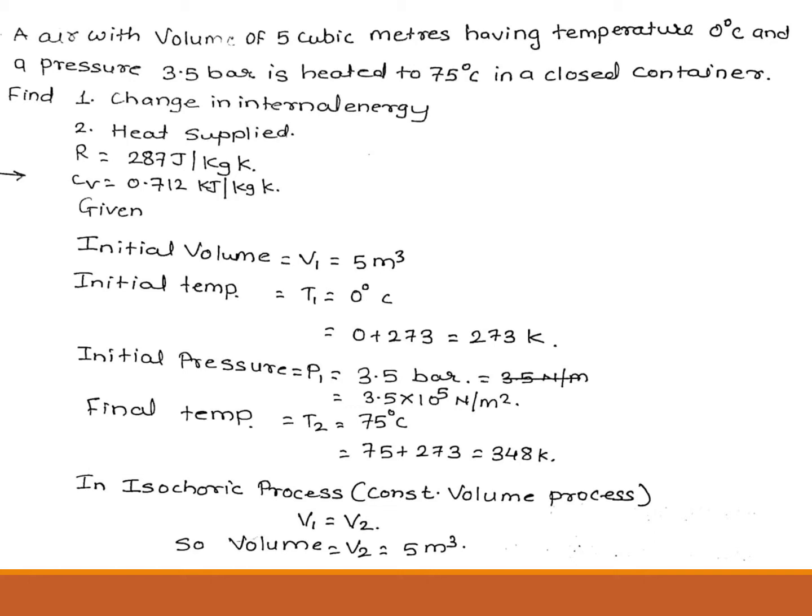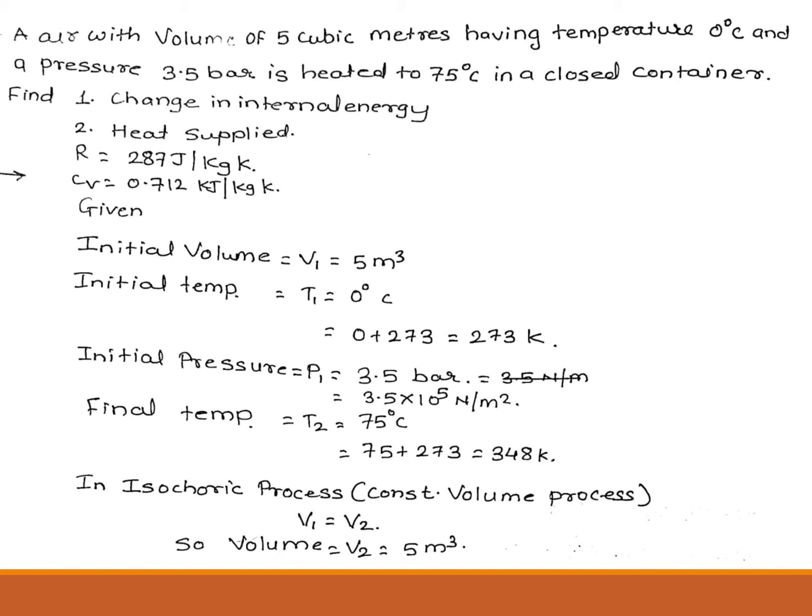Initial temperature 0 degrees Celsius is converted into Kelvin: 0 plus 273, so initial temperature is 273 Kelvin. Initial pressure 3.5 bar is converted into Newton per meter square, so 3.5 bar is equal to 3.5 into 10 raised to 5 Newton per meter square.